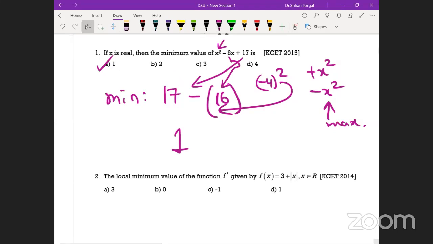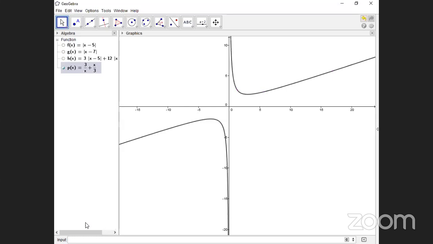If you want to see, you can see the graph of the function here. I'll show you. It is x square.